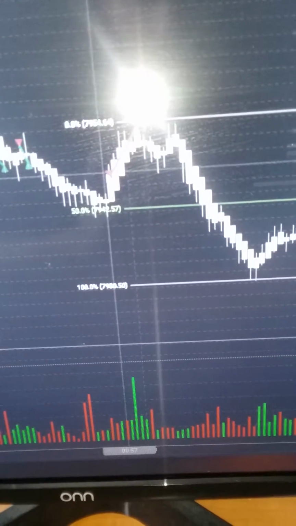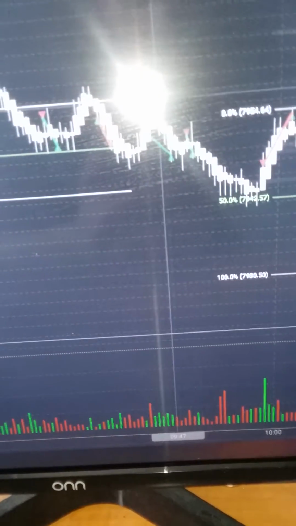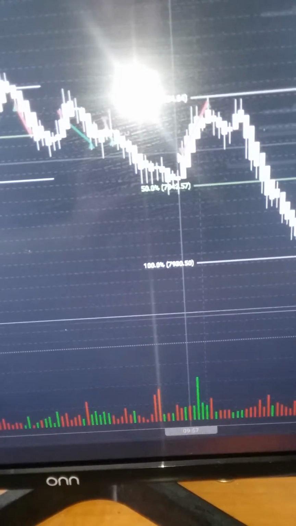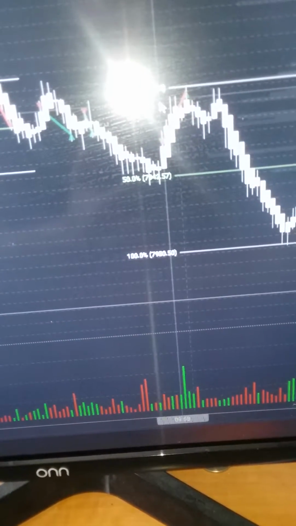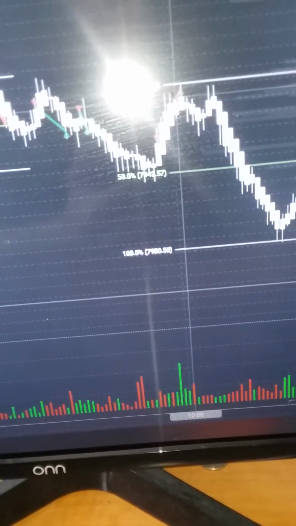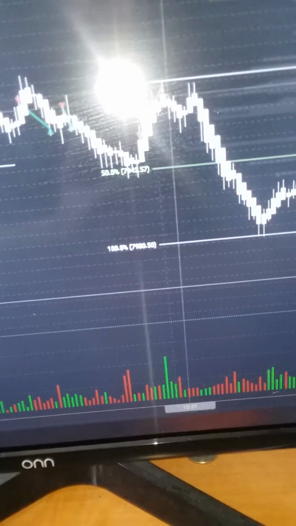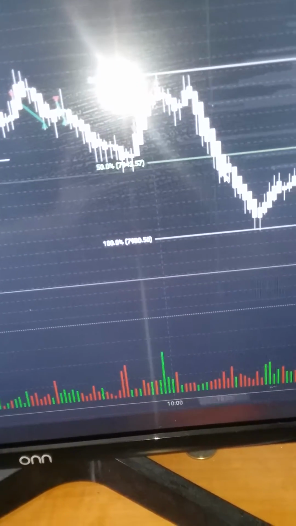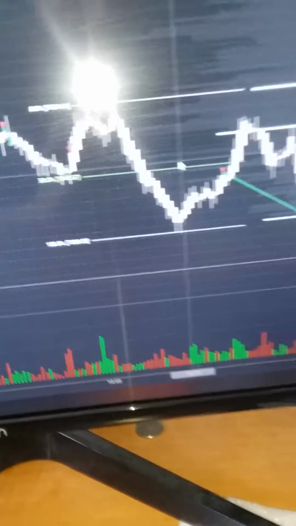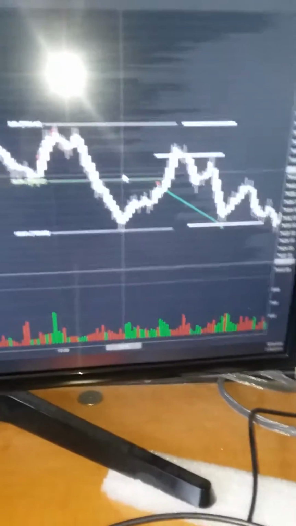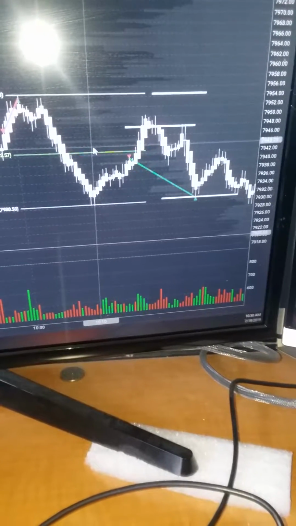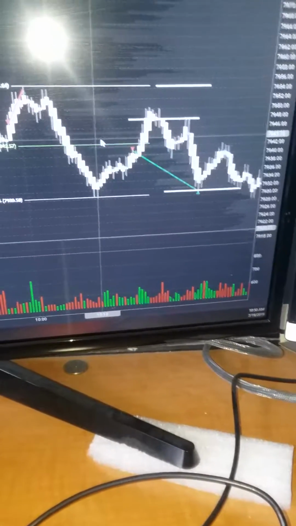This trade that I lost, I went short here. I 50 fibbed this move, went short at the 50 right here, but we did not get a negative volume until here. So I could have gone short here, put my stop loss up here, and put my take profit here. Using volume in conjunction with the 50 is extremely useful.